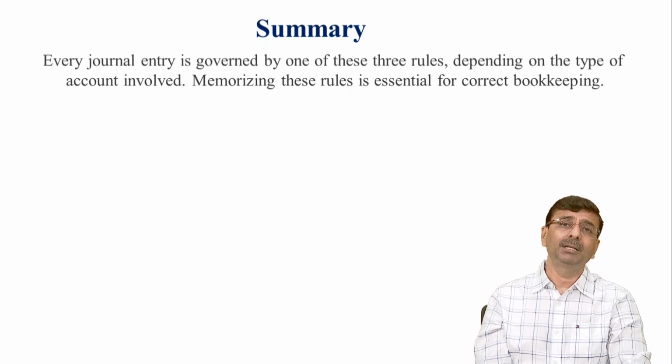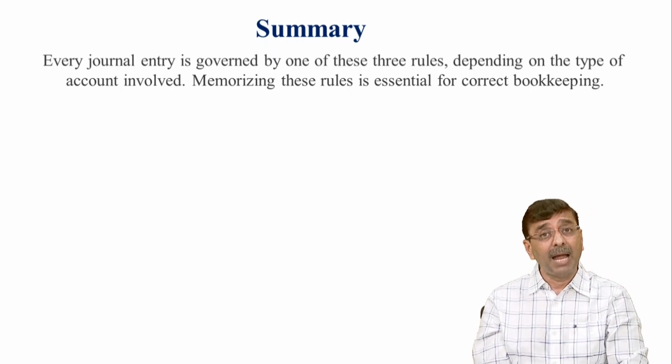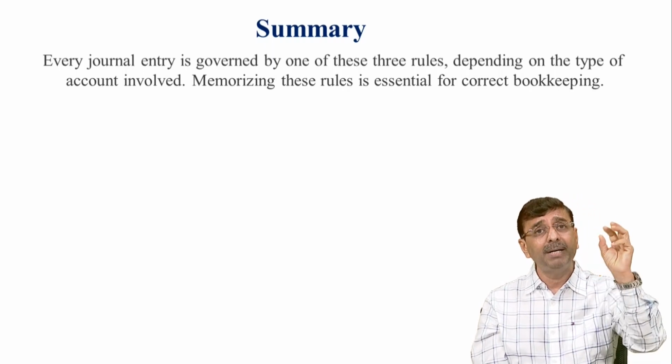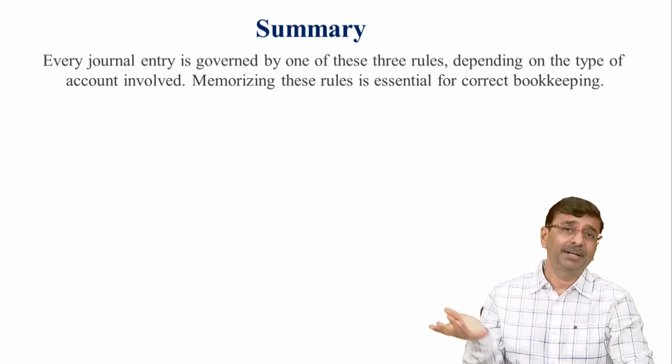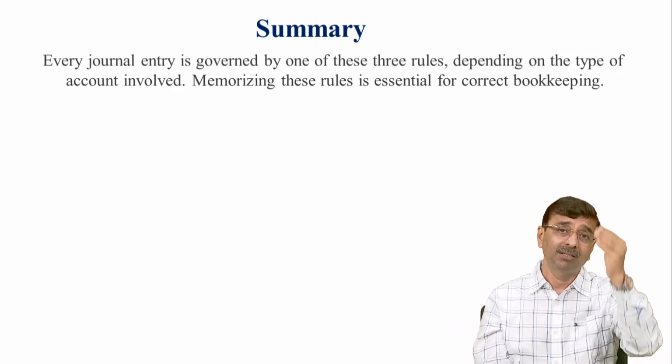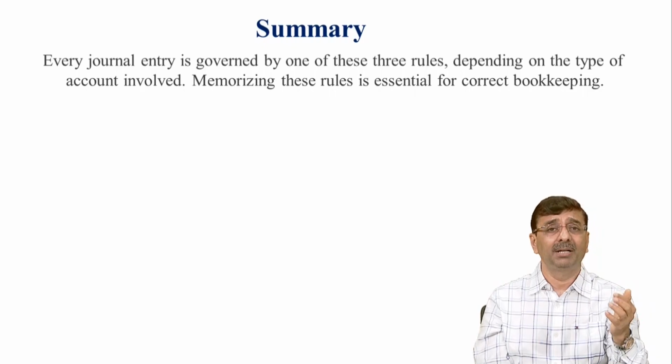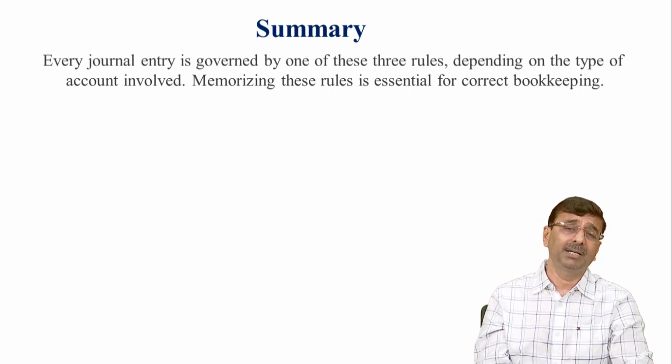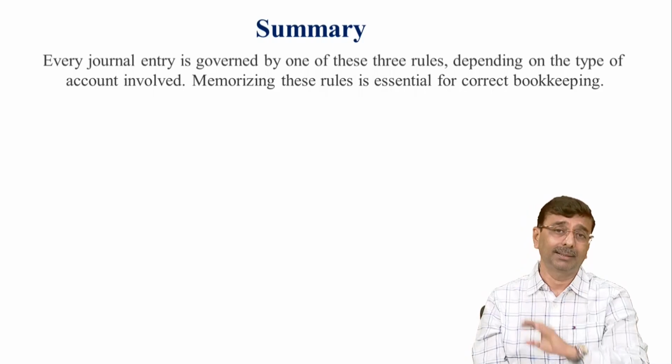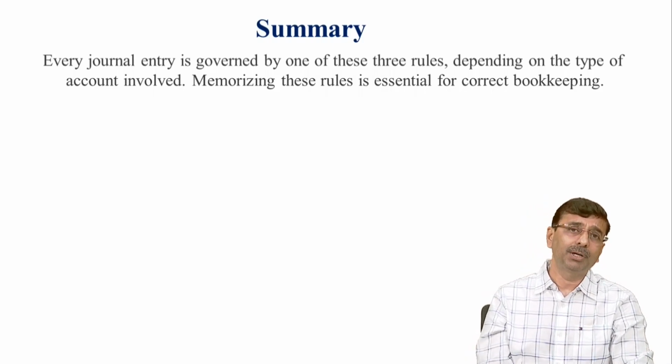Then another part is that sometimes the debit amount is different from the credit amount. Sometimes 3-4 items are debited and the total amount of the debit items is credited by a single account. I'll give you another example.